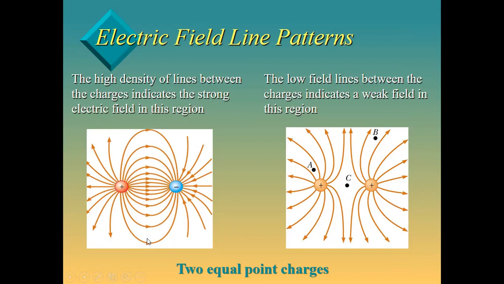This indicates a very strong electric field in this region. In this region, for the two positive charges, we can see a weak field because there are no lines or few lines in the middle region.